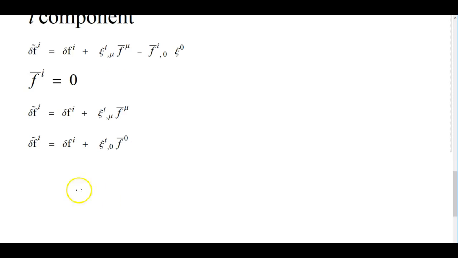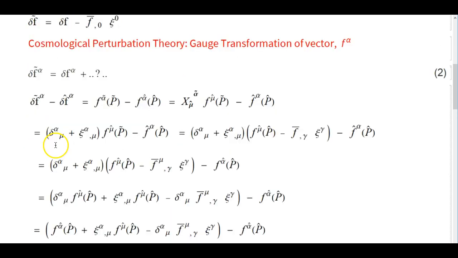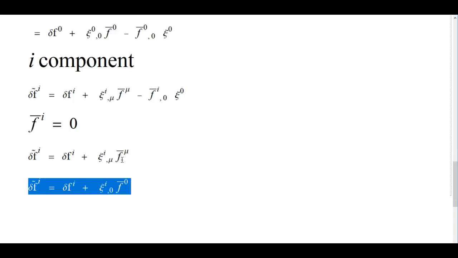Okay, that's it, guys. I will put all the important formulae that we derived here, such as the expression for delta f I, the 0 component transformation, the I component transformation, and the scalar transformation, in the review sheet.